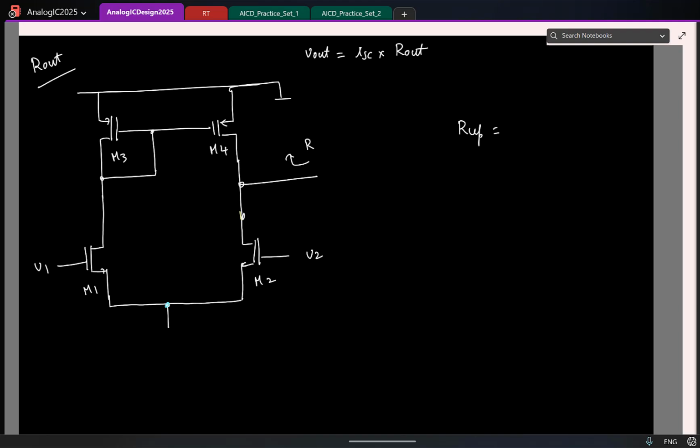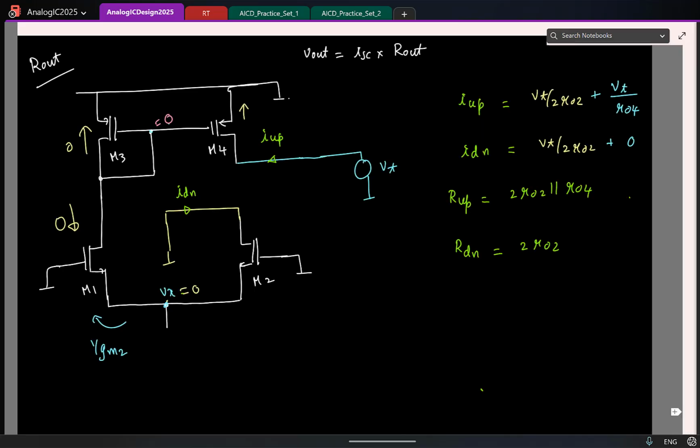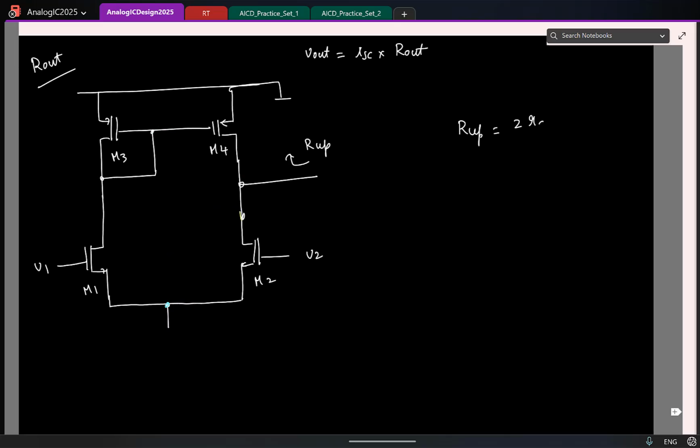If I look at the up resistance, how much was it? That was 2 R02 parallel R04. Similarly, the down resistance is 2 times R0. So what is my total output resistance now?